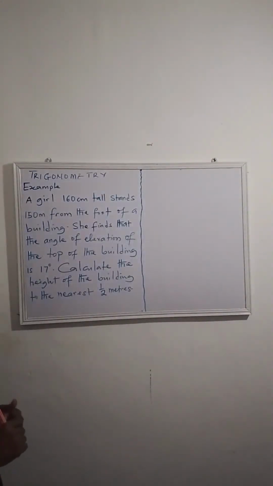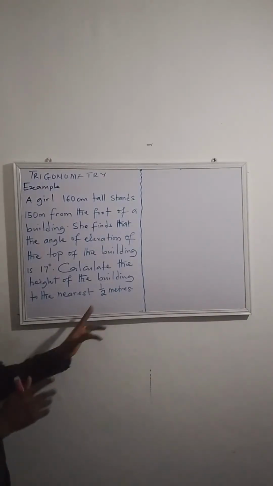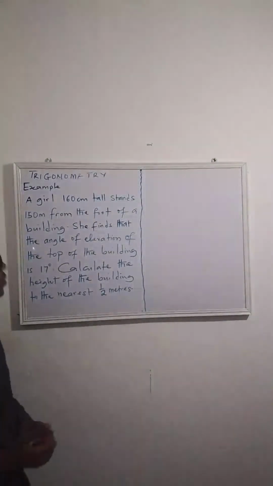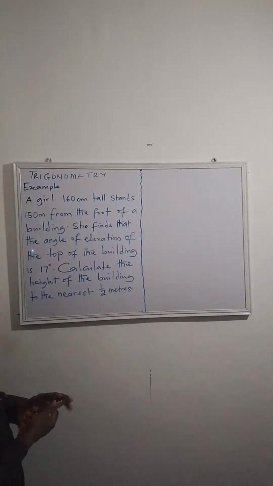A girl 160 centimeter tall stands 150 meter from the foot of a building. She finds that the angle of elevation of the top of the building is 17 degrees. Calculate the height of the building to the nearest half meter. So how do we solve this problem?